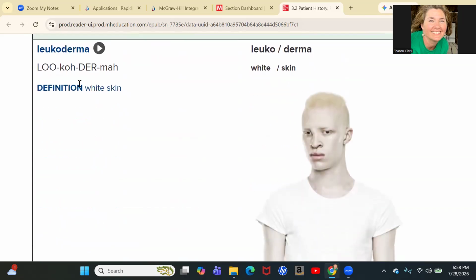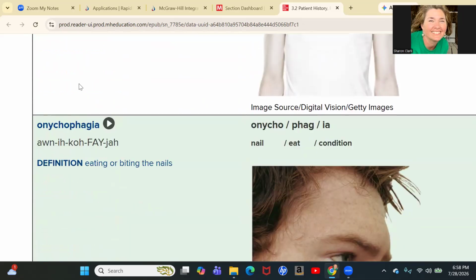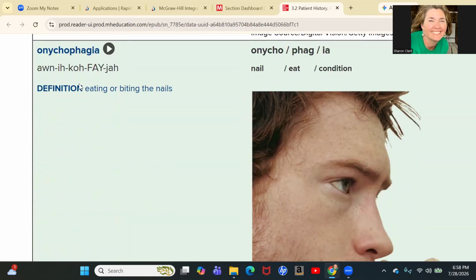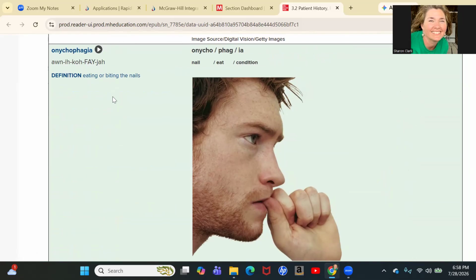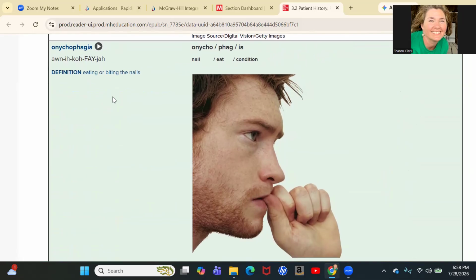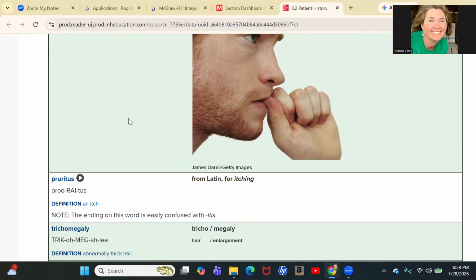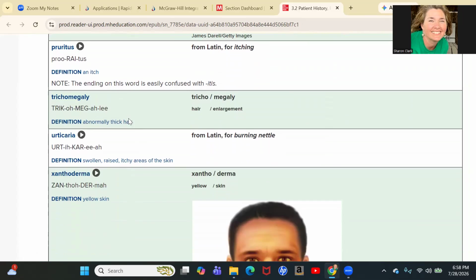All right. Leukoderma, onychophagia. This one is kind of common. Phagia here means to eat. So this is nail biting. This is the abnormal condition of biting your nails. So if you're a nail biter, onychophagia. Okay.